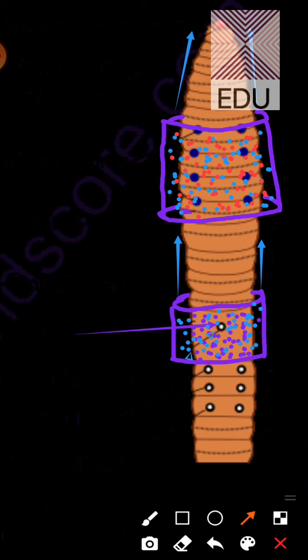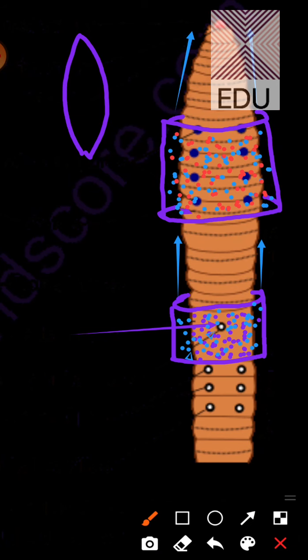Now after going further in the forward direction, this particular egg case will come out of this earthworm, close from both sides, and become a spindle shaped structure like this. Now if I draw it, it becomes just like this. It comes out and forms an egg case.